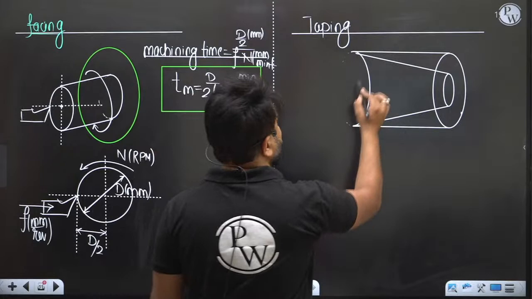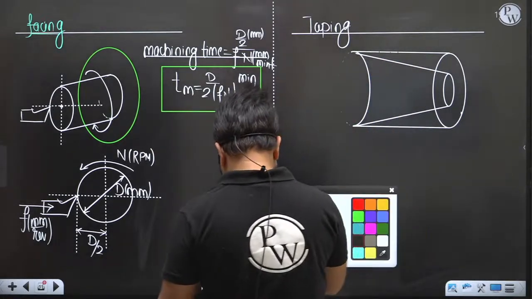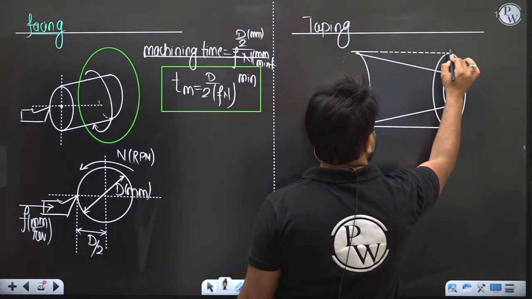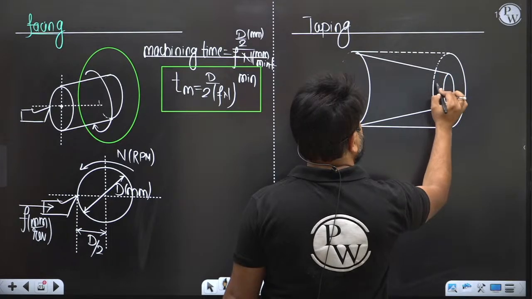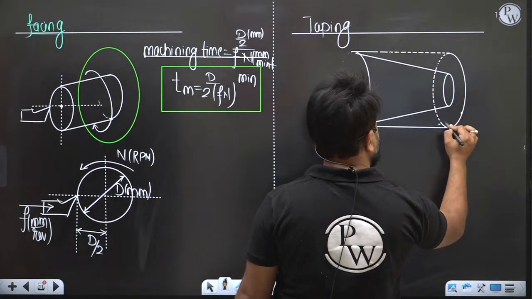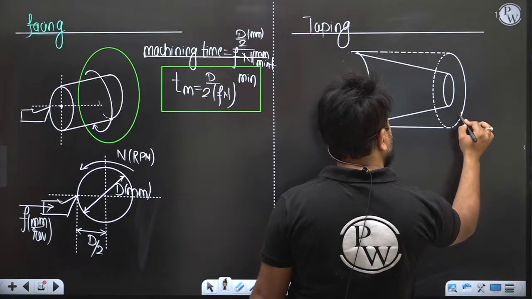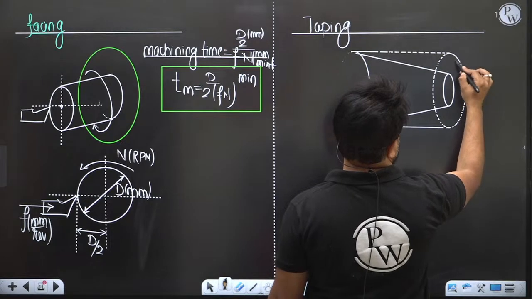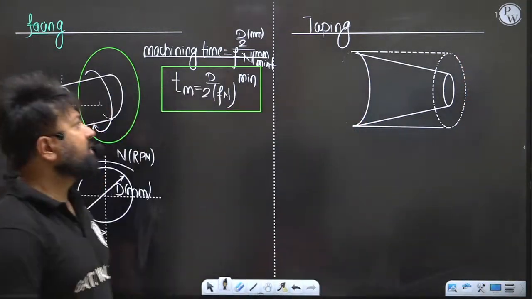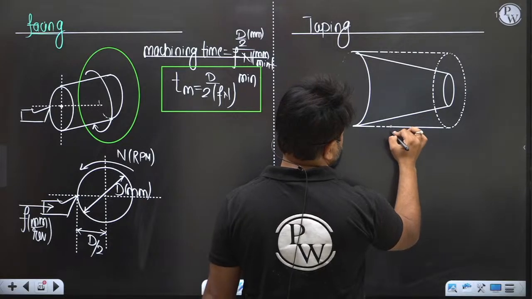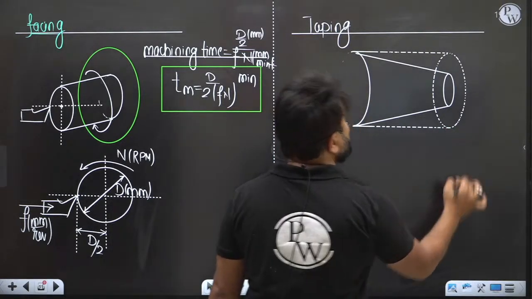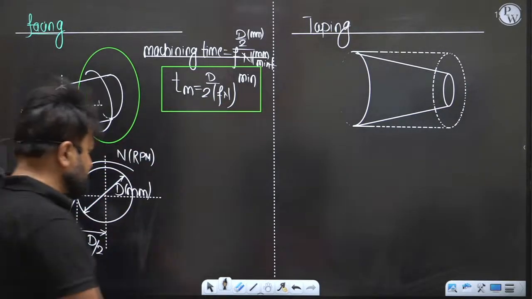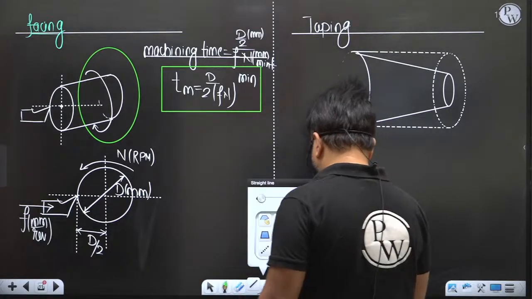It means we are going to remove that workpiece. Clear? It means you are going to produce a taper surface.